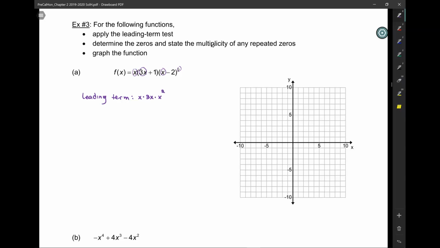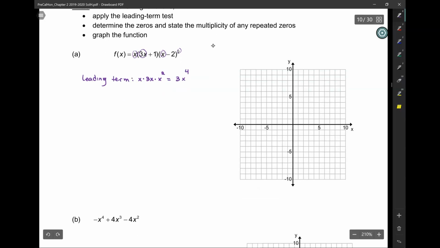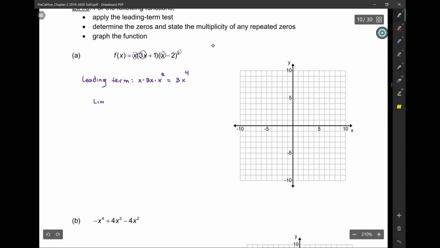All I need is the sign and the total exponents. So this is 3x to the what? 4. So now for end behavior, the limit of f of x as x approaches -infinity is what? Positive or negative? Positive. And the limit of f of x as x approaches positive infinity? Still positive.